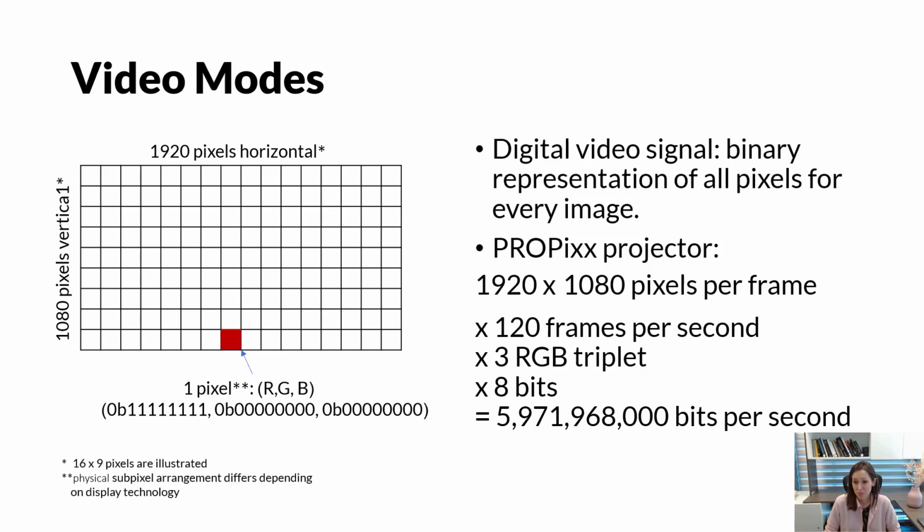Moreover, each pixel is described by a 24-bit code, broken down into three 8-bit triplets used to define the amount of red, green, and blue, which would make up a specific pixel's color. So, to describe the content of a rapidly updating display, one needs to manage a large amount of data per second.